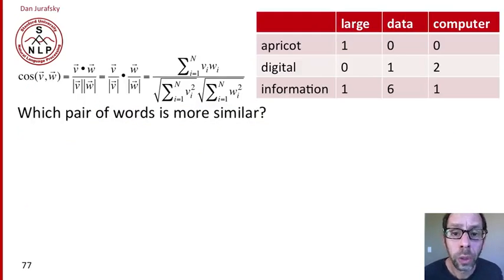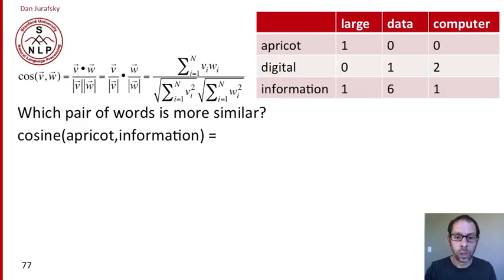So let's use cosine to compute similarity, and I've taken a little subset of the example we saw earlier. So we have apricot, digital, and information. And we have the context vector, we have large, data, and computer. And I'm just going to use counts here instead of PPMI values just to make the example simpler to see. But in real life, of course, we'd use PPMI. So the cosine between apricot and information is the dot product.